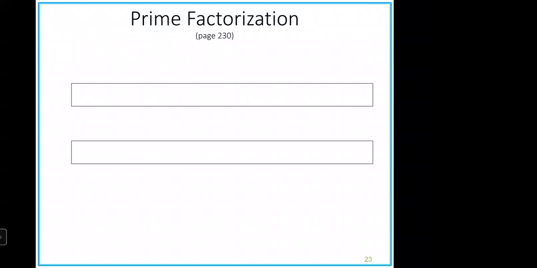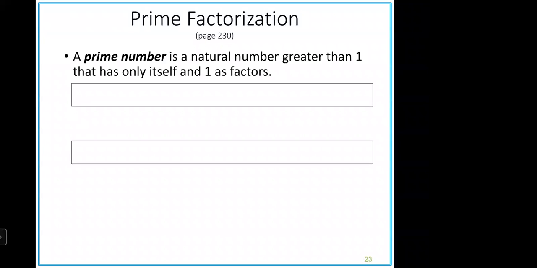Okay. So now the next section deals with prime numbers and prime factorization. Now, a prime number is a natural number greater than 1 that only has itself and 1 as factors.